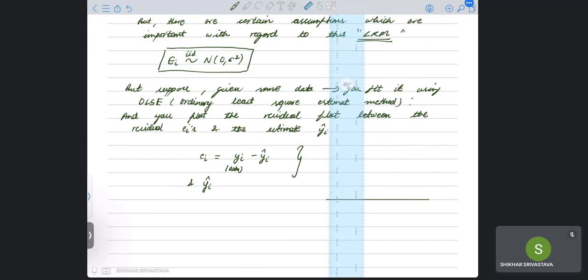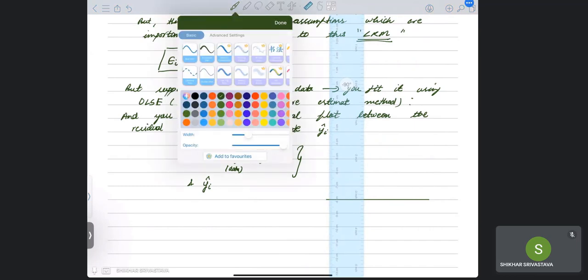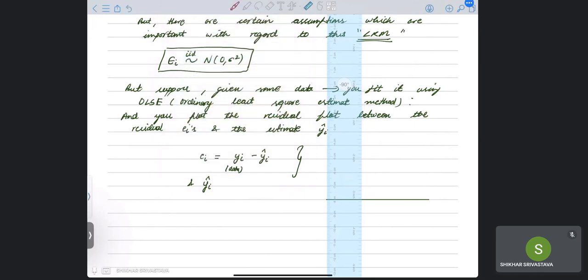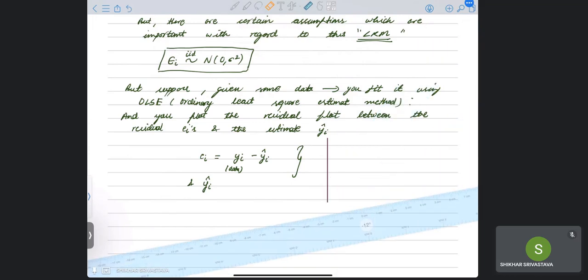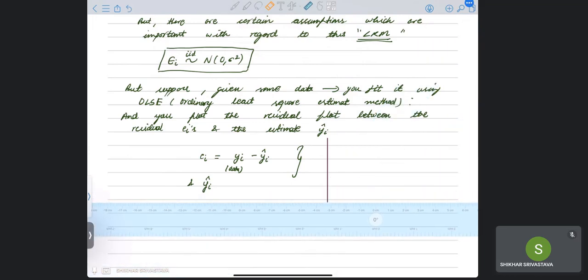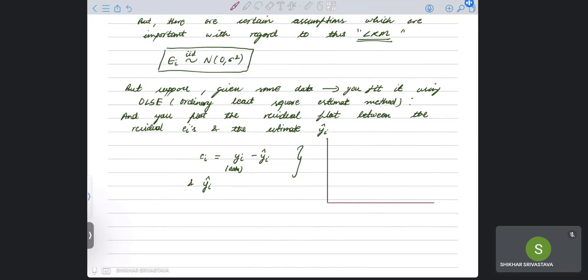So you just plot on the xy axis. On the x-axis you will take the model estimated y_i's, or y_i cap.